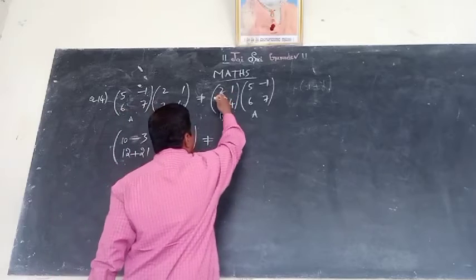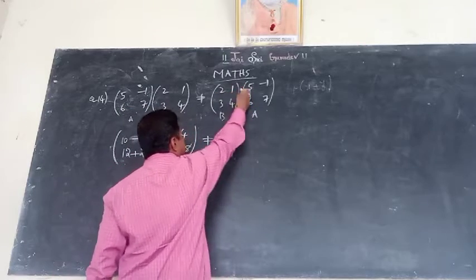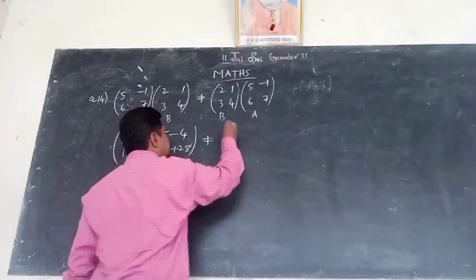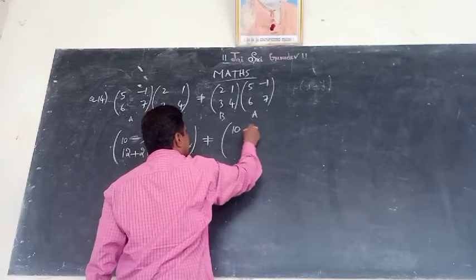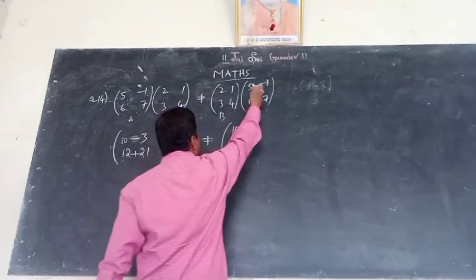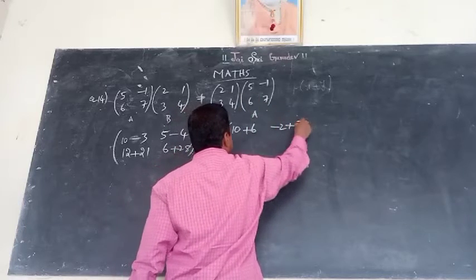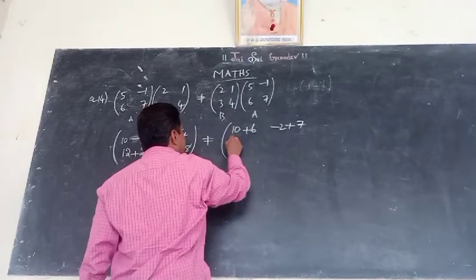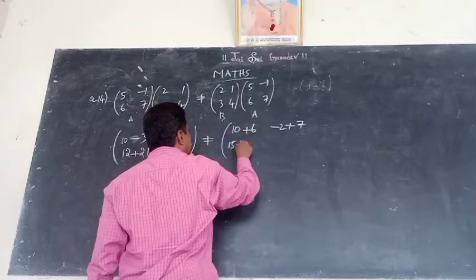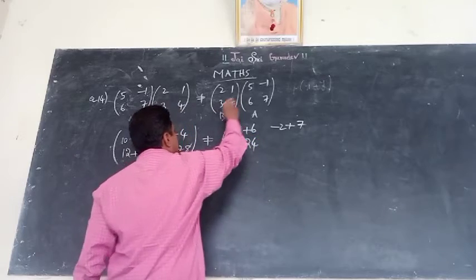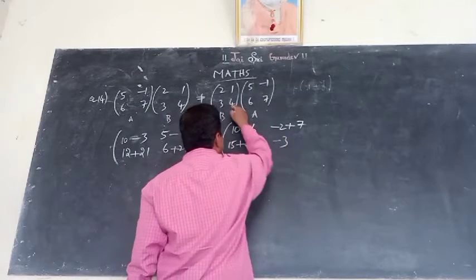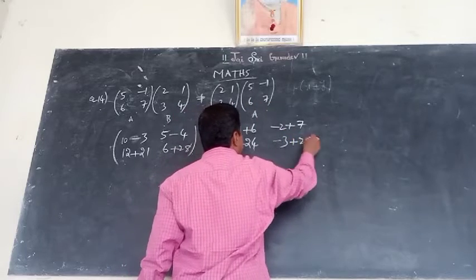Do this one also. First row, first column: 2 into 5, 10, plus 6. First row, second column: 2 into 1, 2, plus 1 into 7, 7. 3 into 5, 15, plus 24. 3 into minus 1, minus 3, plus 28.